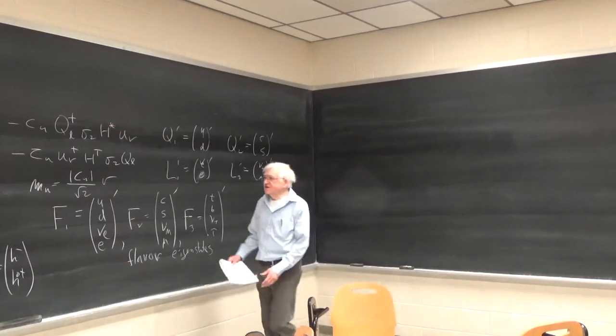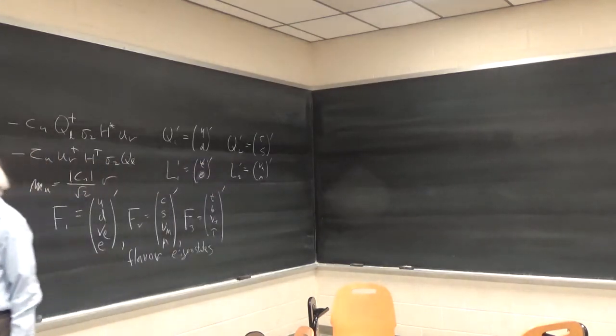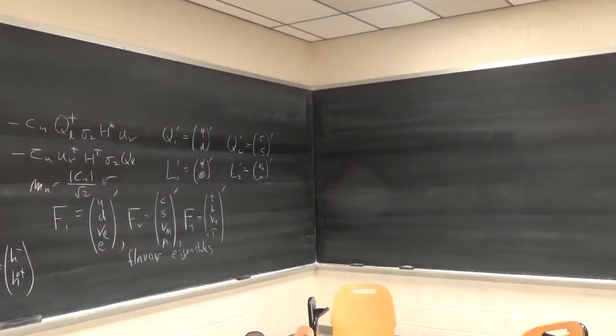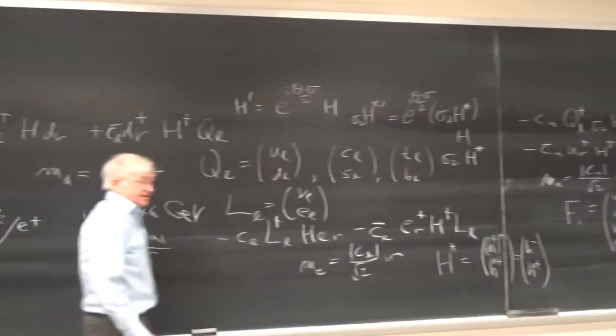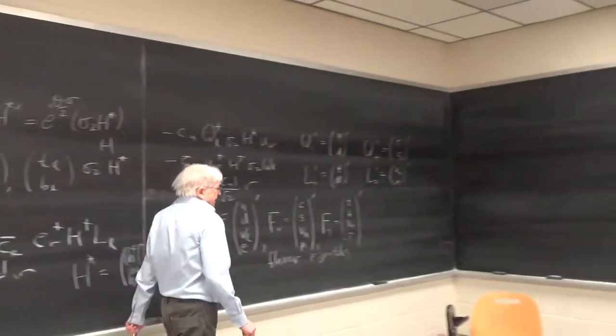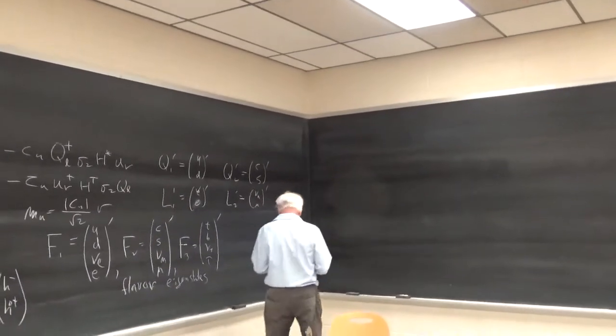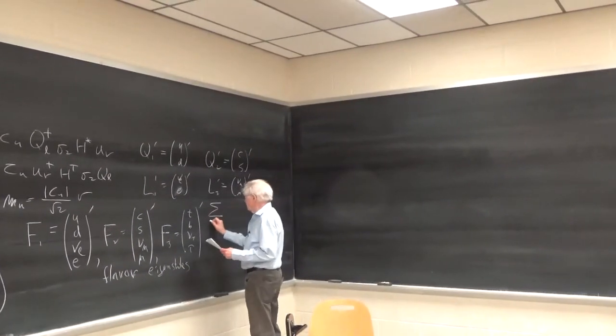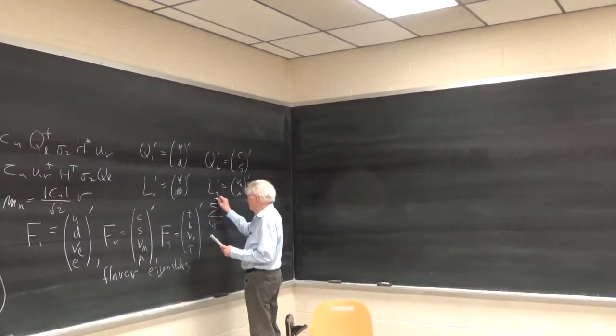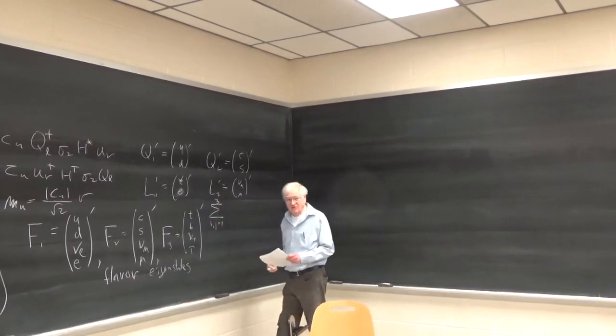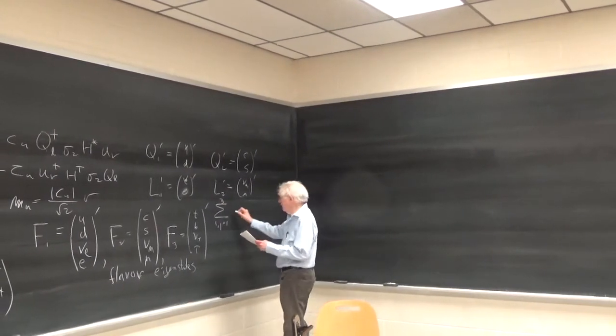And so now the problem is that instead of having these very simple terms, which when you look at them aren't that simple either, they're about to get more complicated. And what I'm going to write down then is a sum over i, j equals 1 to 3. We're summing over family indices now.